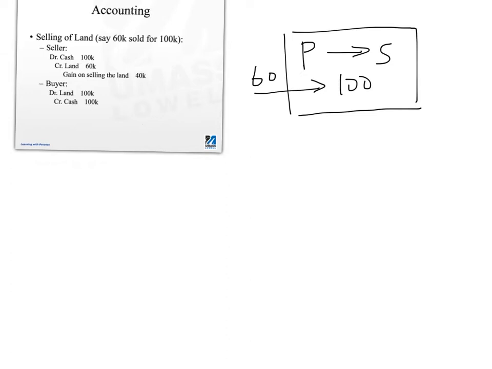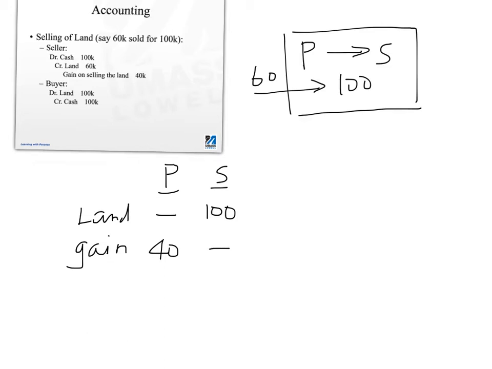So let's look at accounting. We can see parent and sub, right? So there is land here, and there is a gain. So the parent used to have a land, now it's gone. The sub has a $100,000 land. The parent recognized $40,000 gain because of the markup, and the sub does not have gain.